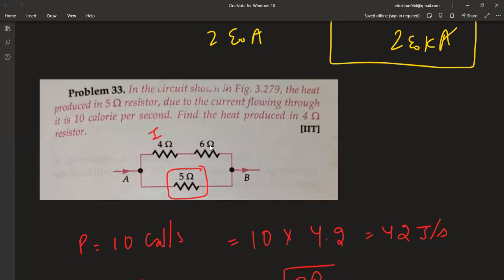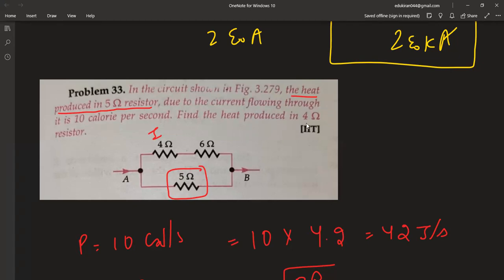Net current we have to find out, because it is showing the heat is produced in the 5 ohm resistor only. Heat means they are telling to find power.